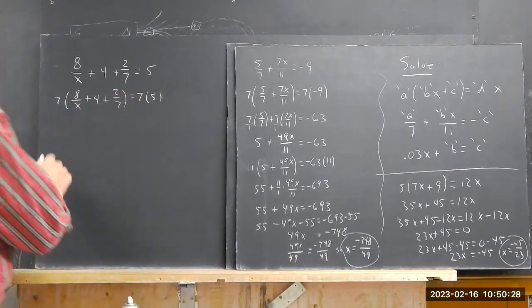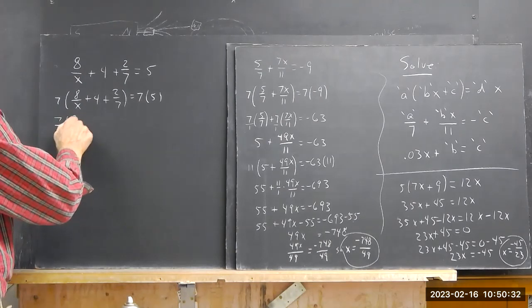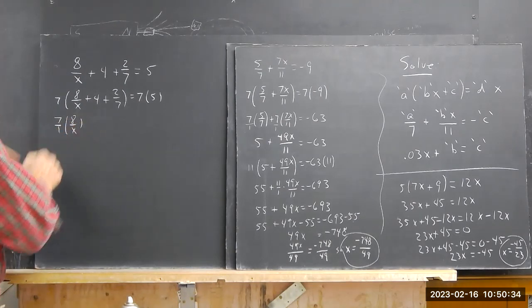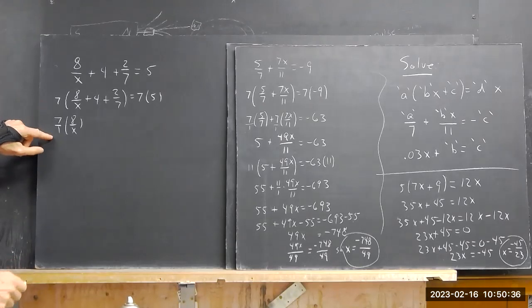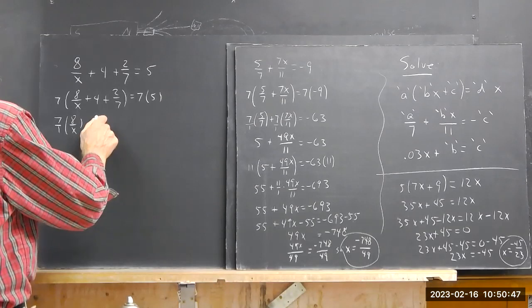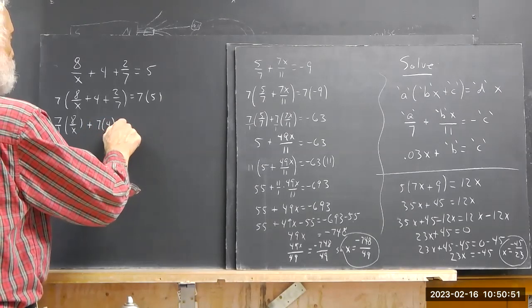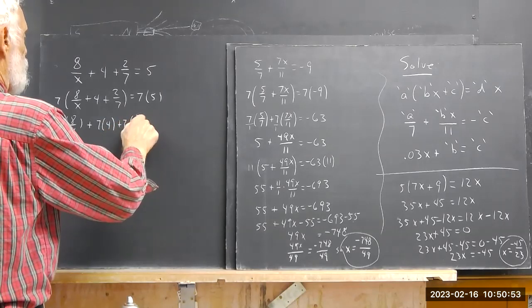Now I do that, and I get 7 over 1 times 8 over x. When I multiply a fraction by a number, I'm going to want to put the 1 there. Okay, I know I can skip it, but not everybody does at this point, and it leads to errors. So let's do that. And then it's 7 times 4 plus 7 times 2 sevenths.